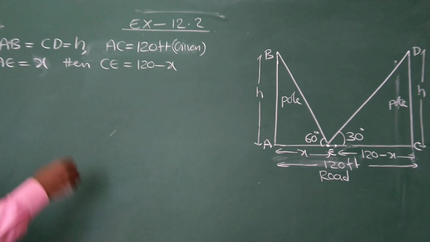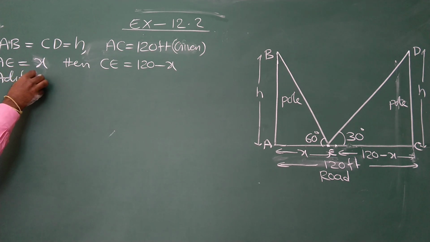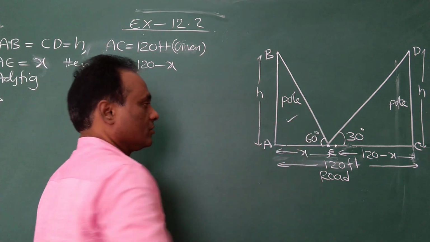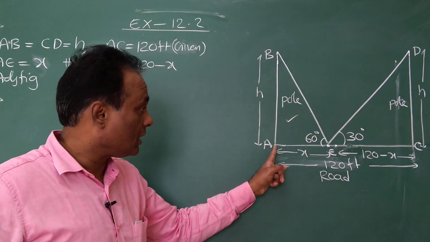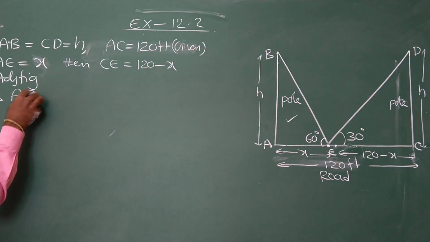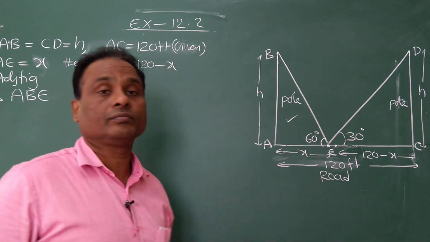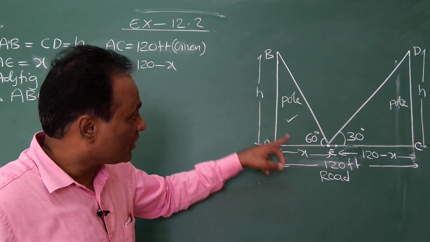Now see. From the adjacent figure, in the left side right angle triangle ABE, we are dealing with which sides?